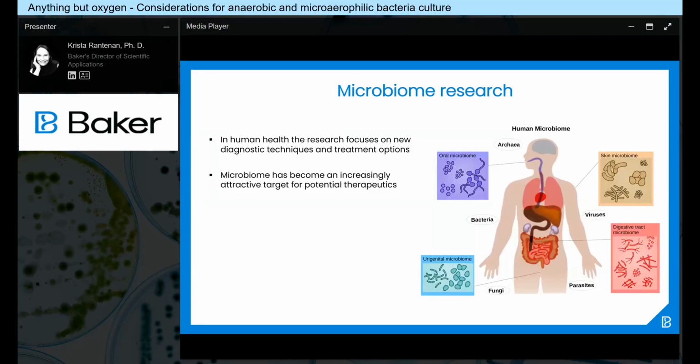The microbiome is now understood to be increasingly attractive for many therapies. And we have known for a few years now that gut microbiome health, disease, or dysfunction affects various diseases.